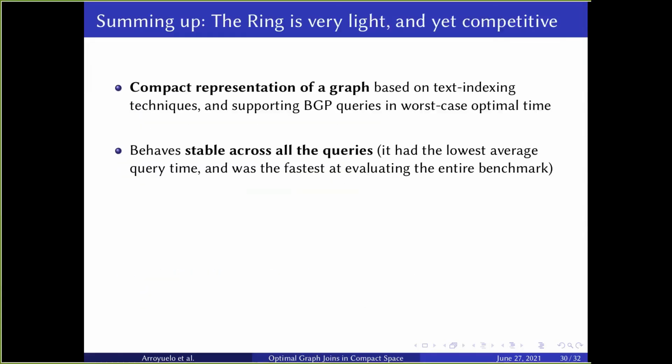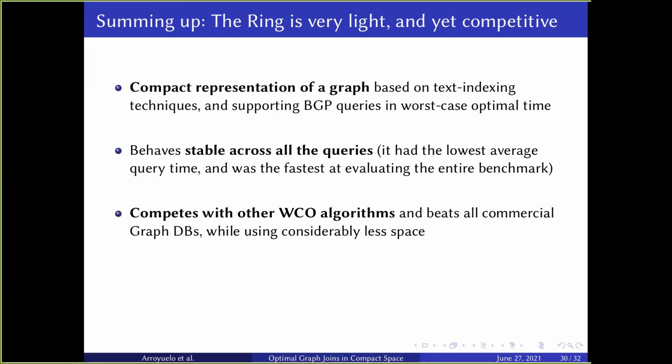So summing up, as we have seen, the ring is a compact representation of a graph based on text indexing techniques, which supports efficient evaluation of basic graph pattern queries by means of worst-case optimal join algorithms such as leapfrog join. Our experiments show that the ring behaves stably across all the queries, and it can compete with the other alternatives while using between 1 and 2 orders of magnitude less space.